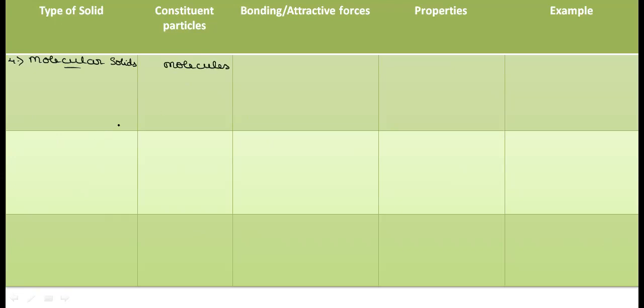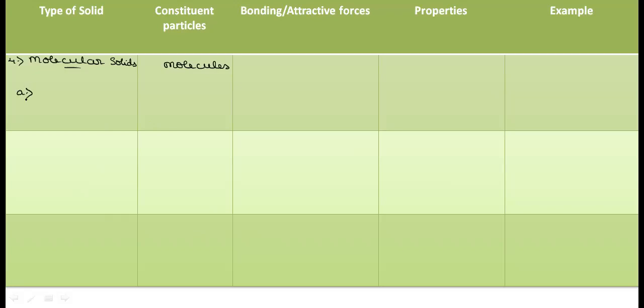The molecules completely act as constituent particles, and between the molecules we know that the attracting forces will be weak van der Waals forces. Either it may be London forces or dispersion forces, induced dipole interactions or dipole interactions, or a special type of strong dipole interaction, hydrogen bonds. So we are going to have these as subtypes.